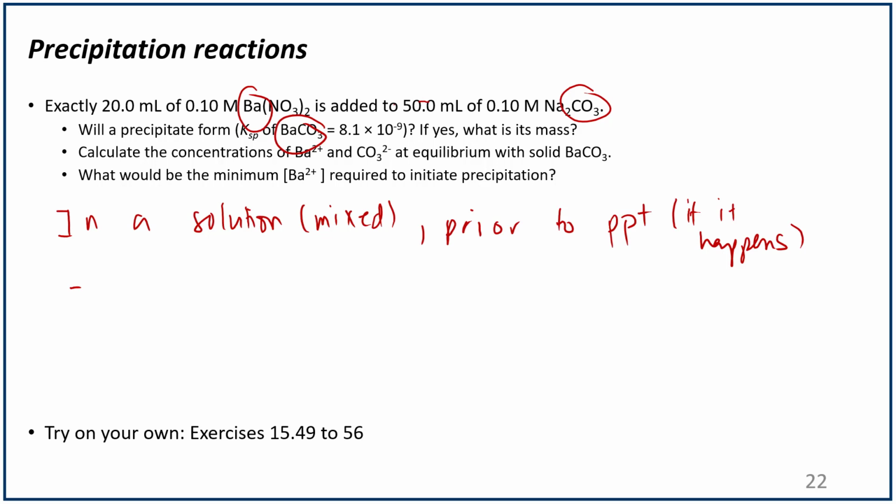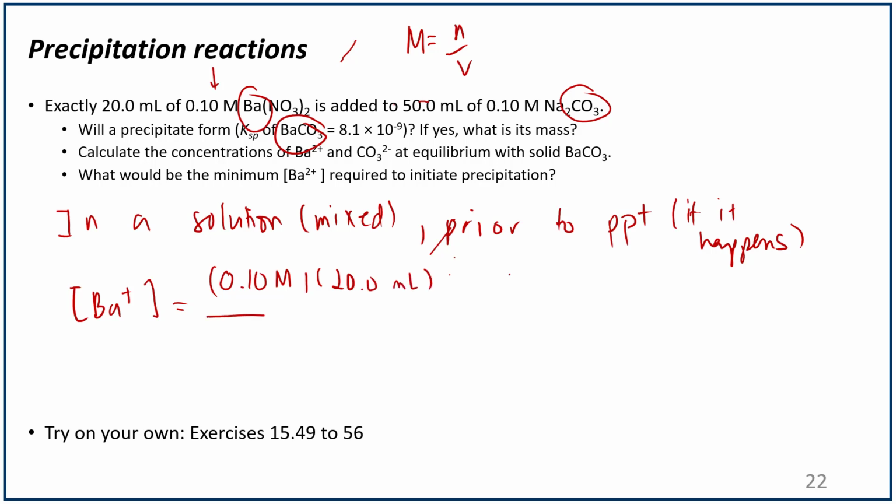Okay, so the concentration of barium ions should therefore be, we're just going to use the formula for molarity. The original concentration of barium nitrate is 0.10 molar, times 20.0 ml. This is basically M1V1, by the way. And that's divided by 70.0 ml.